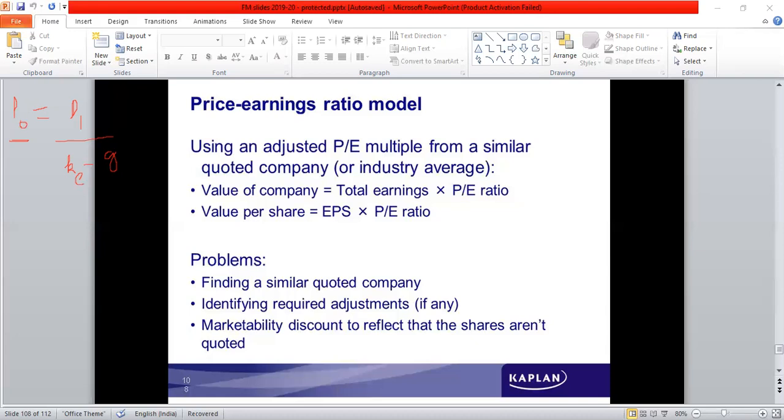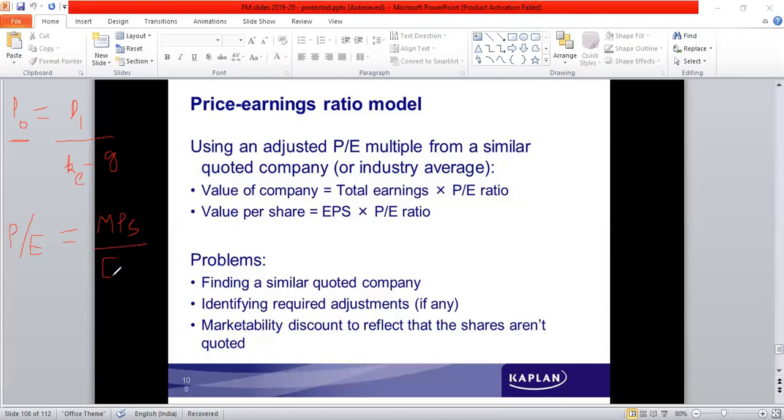What is the price earnings model? The ratio for the price earnings formula, P by E. The other day I explained to you that it should be price divided by earnings. Price is given as market price per share divided by earnings per share. So market price per share divided by EPS, MPS divided by EPS.